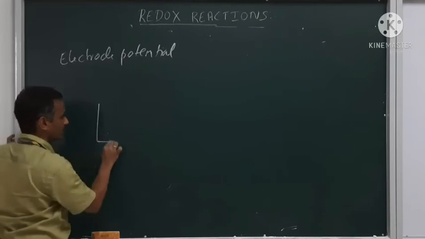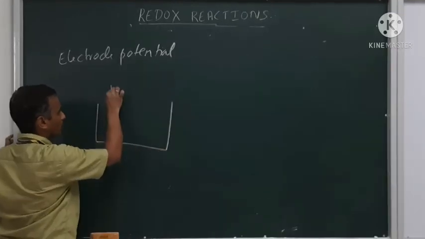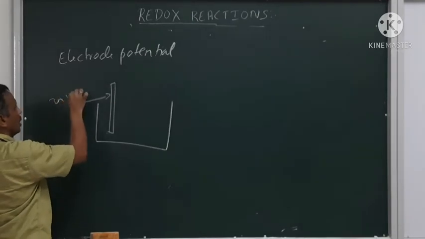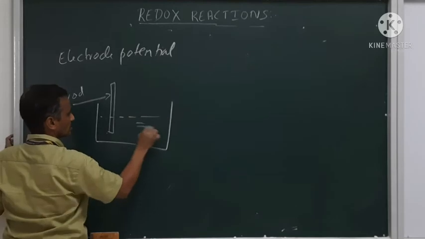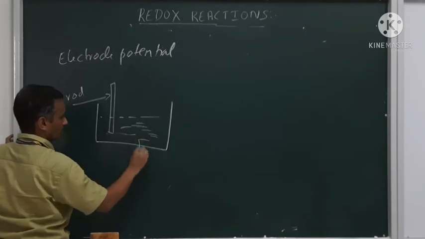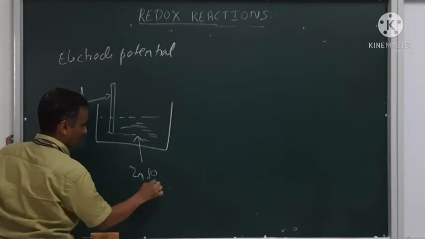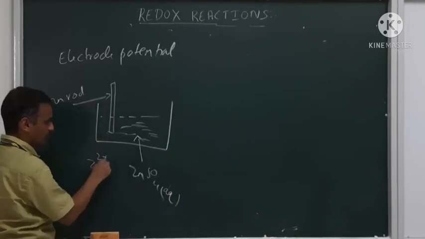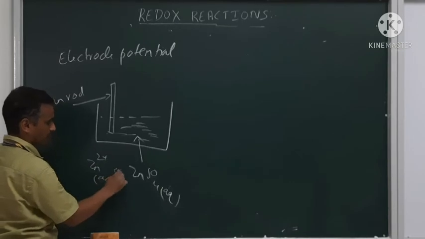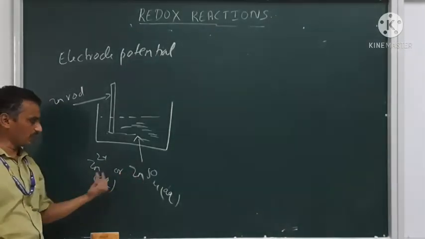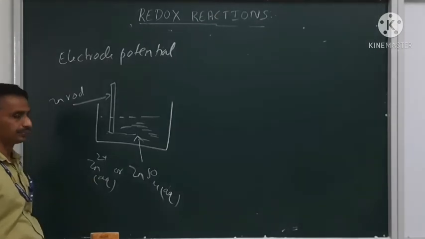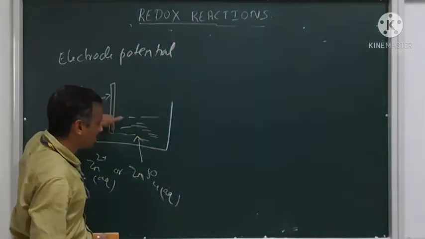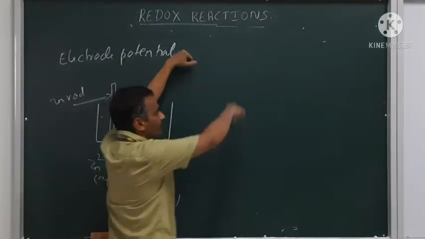I will take a zinc rod and keep it in zinc sulfate aqueous solution, which I can write as Zn2+ aqueous also. No need to write complete form also. See, when the zinc is kept in the zinc sulfate, what happens?